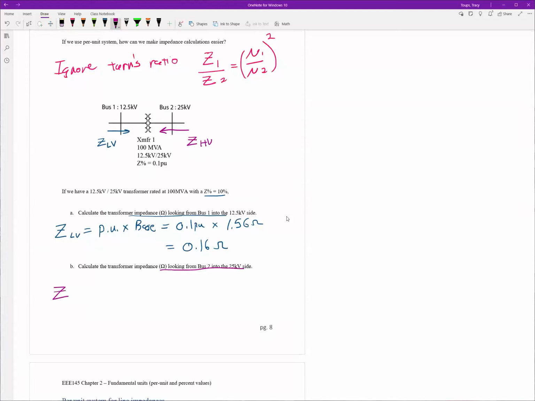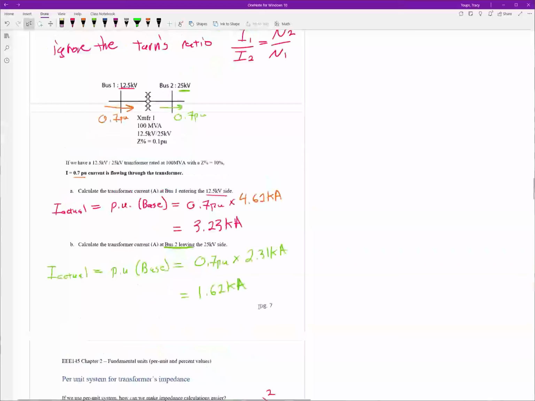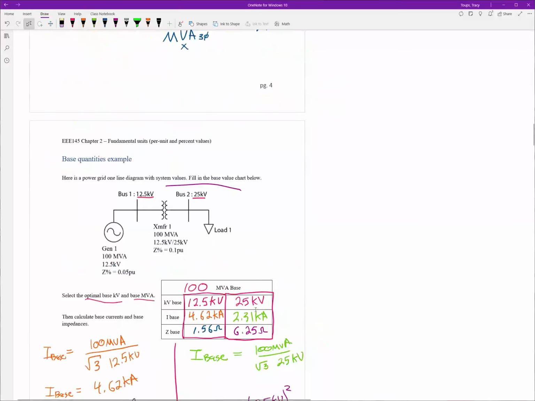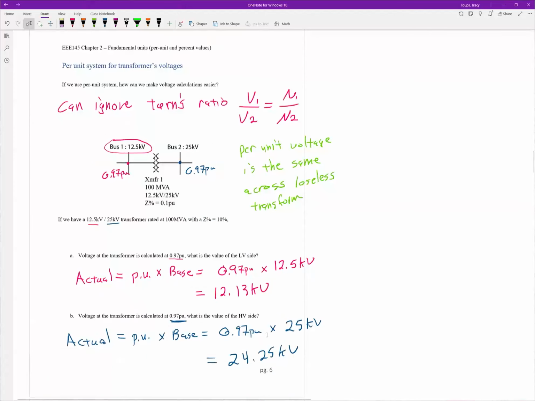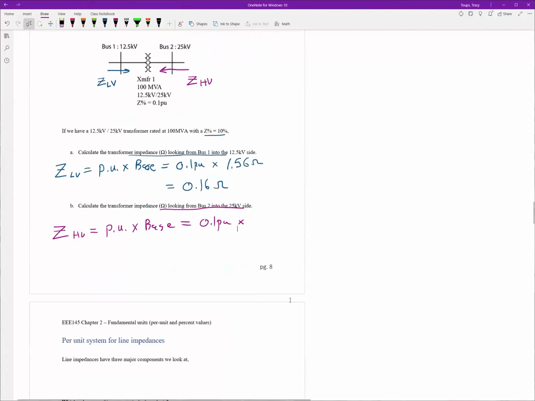So Z high voltage equals per unit times base value, and again our Z percent is 10%, 0.1 per unit. We're going to multiply by the base value. What's this base value? Rosetta Stone time again. 25 kV column, Z base row is 6.25 ohms.